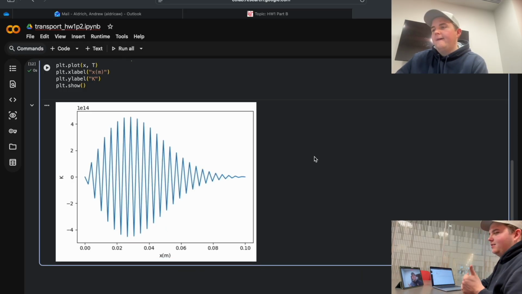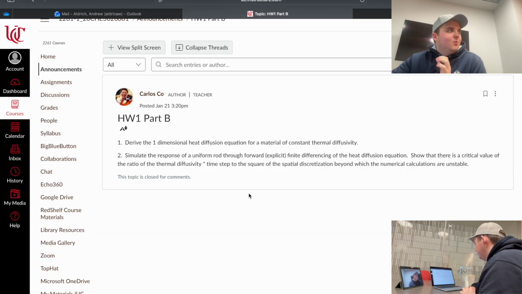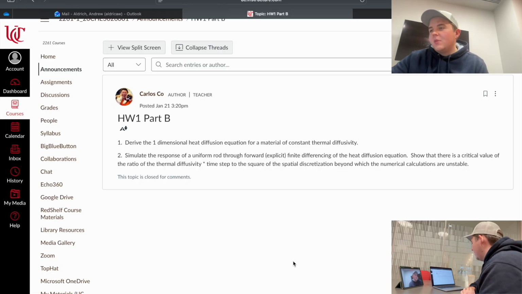I know that's not my greatest attempt at coding, but this is an SES class, so that answered the question: simulate the response of a uniform rod through forward finite differencing of the heat diffusion equation and show that there's a critical value of the ratio of the thermal diffusivity and time step to the square of the spatial discretization beyond which the numerical calculations are unstable.